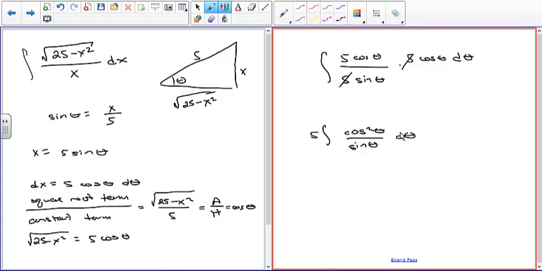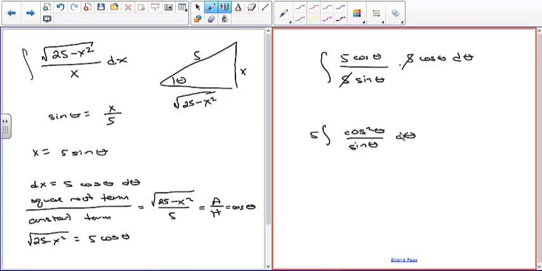The options are, if the sine were in the numerator, you might be able to use some kind of trig integration techniques. The problem is the sine is in the denominator. If it was sine over cosine squared theta, then I could let u equal cosine of theta and du would be equal to sine theta, and that would work out. But because the squared term is the numerator, it doesn't help you any.